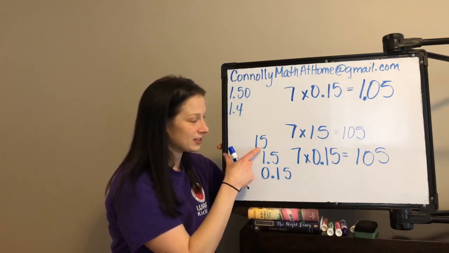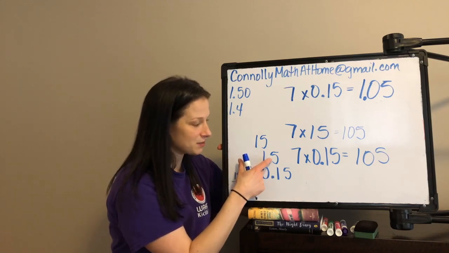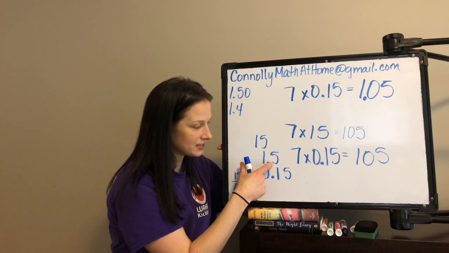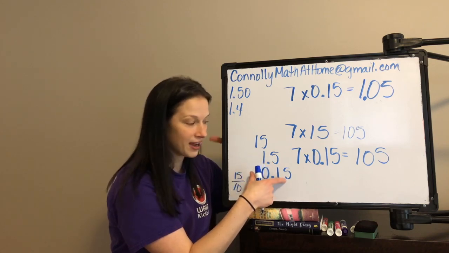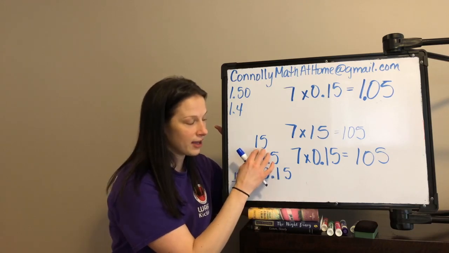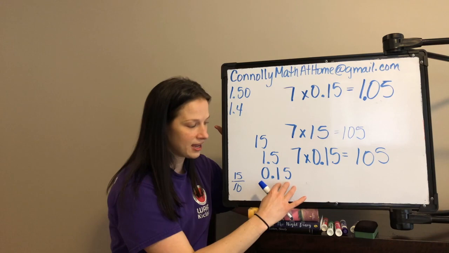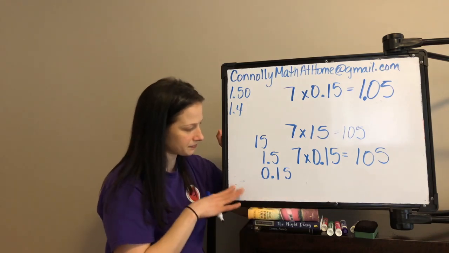All right, so let's look at the 5. The 5 got 10 times smaller. 5 divided by 10 is 5 tenths. 5 tenths divided by 10, or 1/10 of 5 tenths, is 5 hundredths. Okay, so when I think about the value of each digit, how much smaller they got, 100 times smaller.